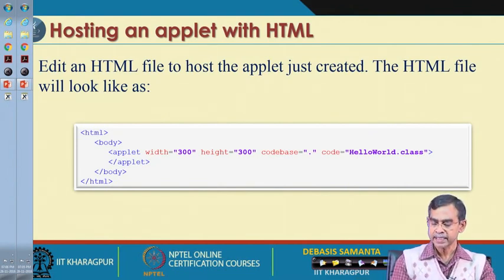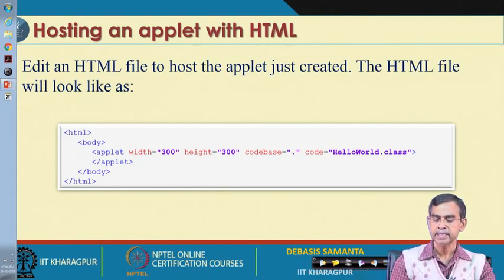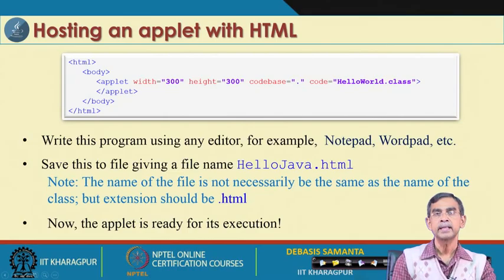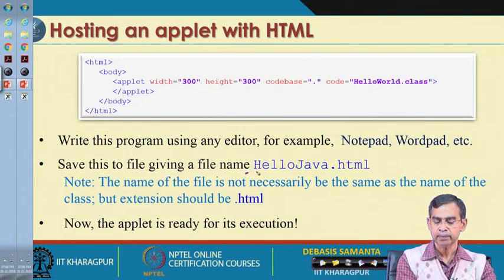Now, once this HTML file is created, our next task is to open it in a browser, and as I told you, it can be opened using any browser. Obviously, this file should be stored as an HTML file, as we see here, hello java.html, but not necessarily hello java; you can give any name.